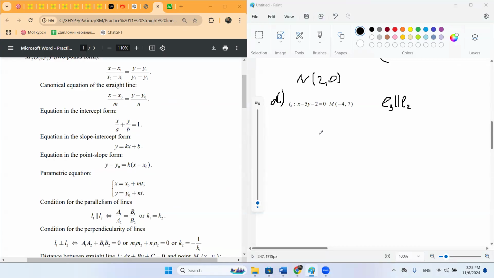Okay, so if lines are parallel, it means that their normal vectors are equal. And we know the normal vector of L2. It equals (1, -5). We know it from the equation. And we know the point that this line passes through. So with this information, we can write down the equation.